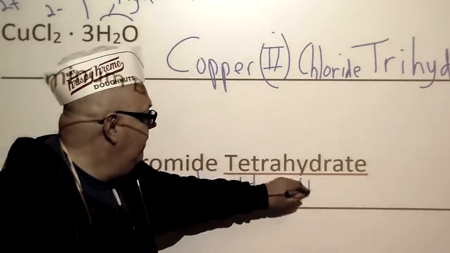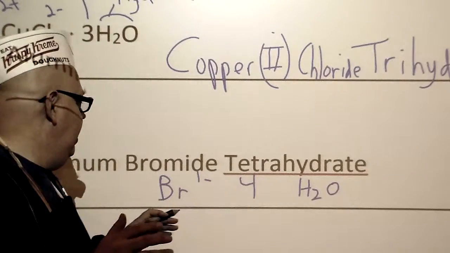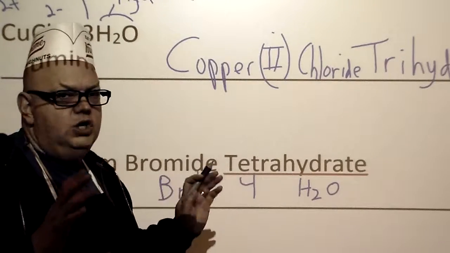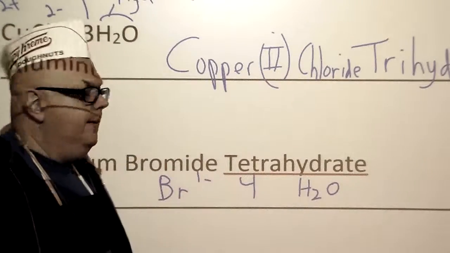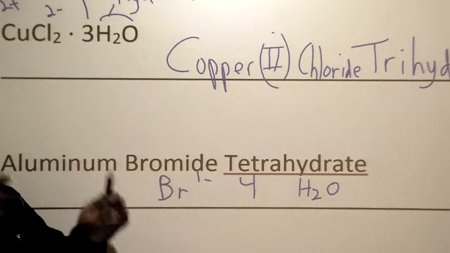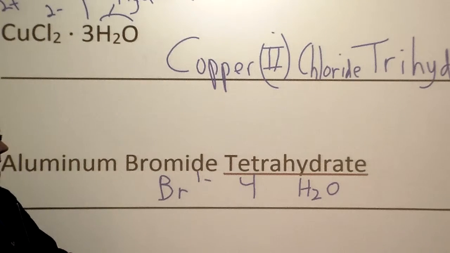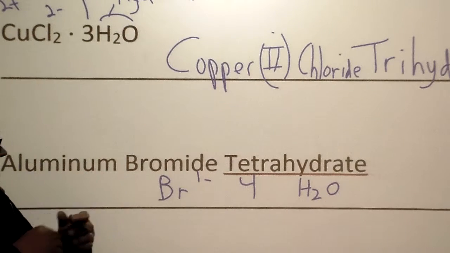Hydrate meaning H2O. So it's a reasonable thing for me to say I'm going to have a 4H2O in this because I've got tetra and hydrate there. Bromide is a bromine that picked up an electron and it changed. So that means, guys, it became a bromide.